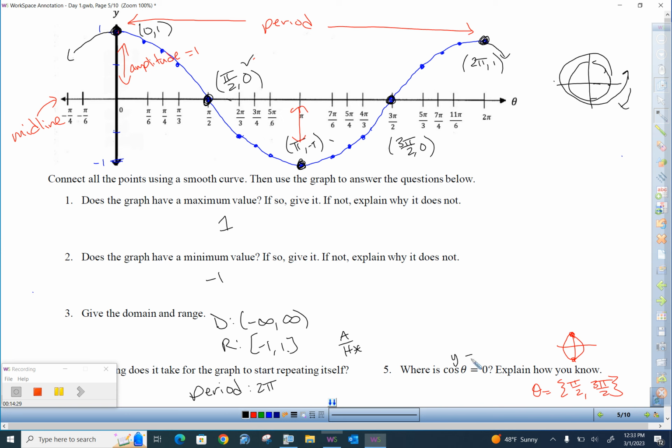Again, it's not unit circle y. It's y as in the dependent variable, what's going on our y-axis. Okay, so that's when we have this y equals 0. It's basically our x-axis, or our x-intercepts, or zeros. Okay, so we'll think back and forth between the unit circle and these graphs as we become more familiar with them.